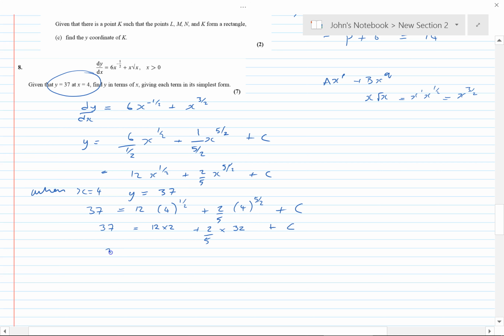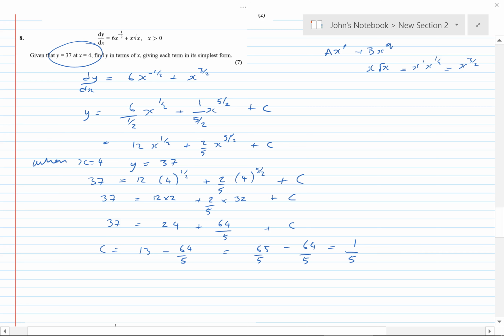So that gives me 37 is equal to 24 plus 64 over 5 plus c. So c is equal to 13 minus 64 over 5, which is 65 over 5 minus 64 over 5, which is equal to 1/5.